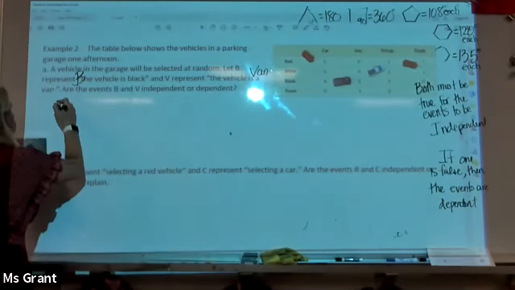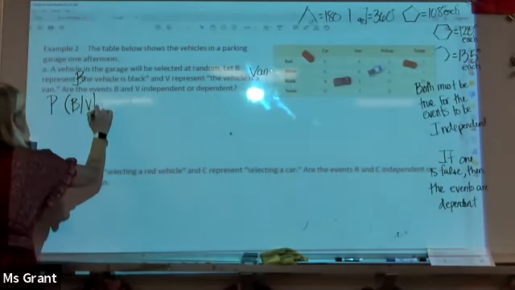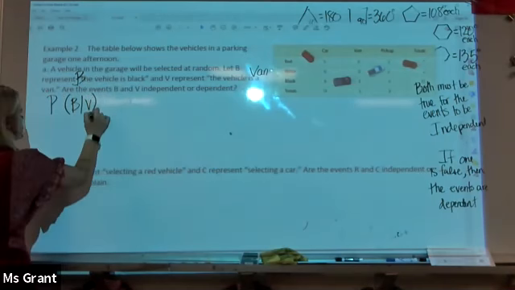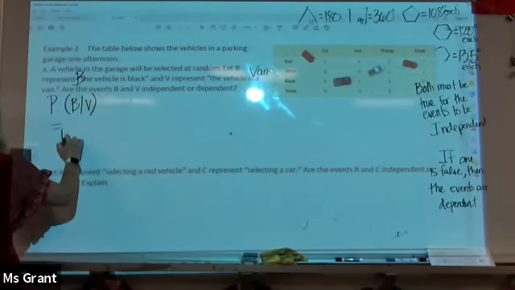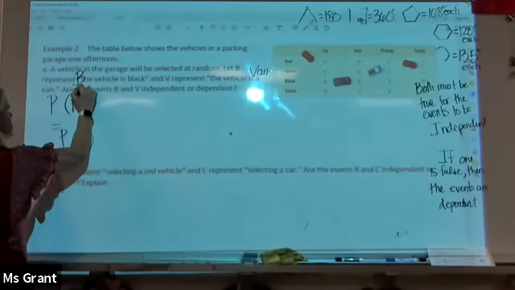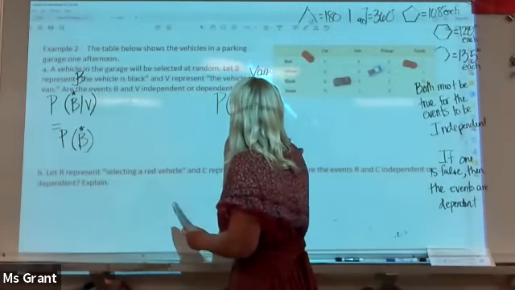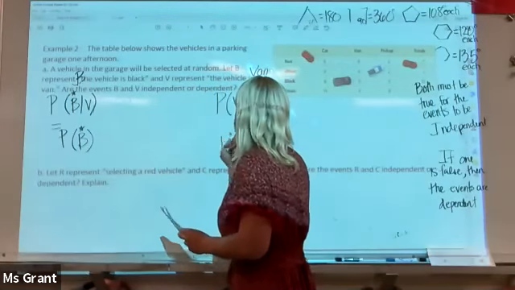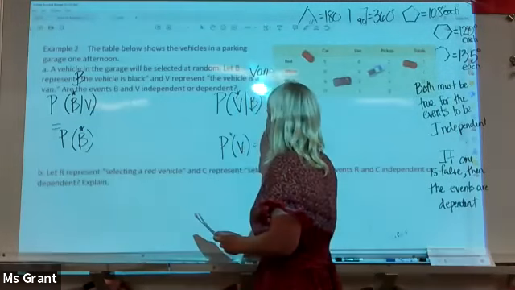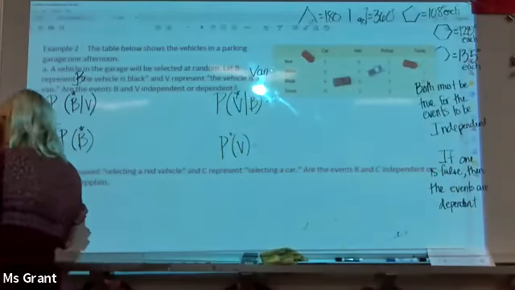So remember how this must be equal to the probability of just B, the first letter. Then I'm going to switch it. Let me tell you what it looks like.